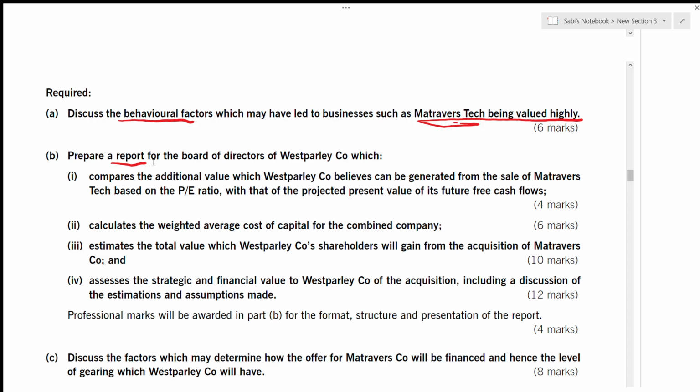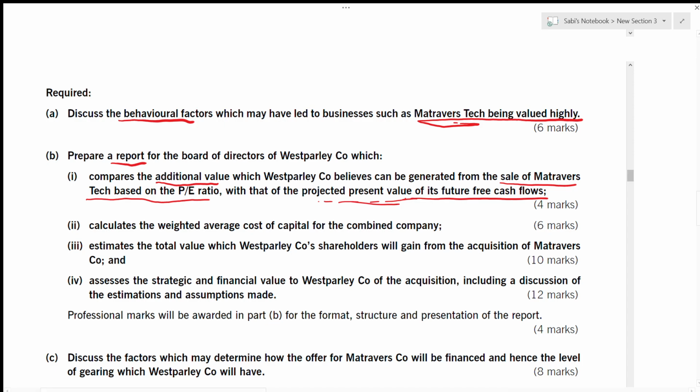So you have to find the difference. It is for 4 marks.